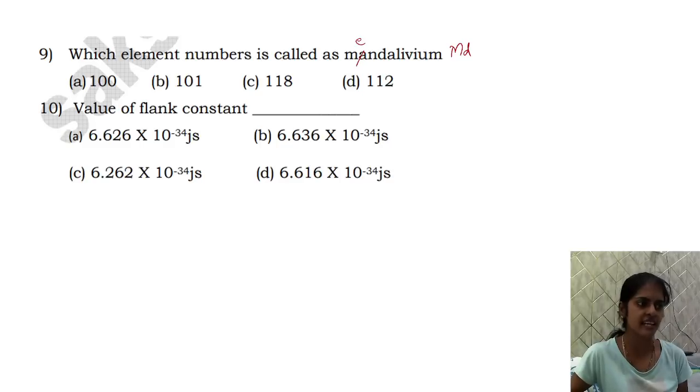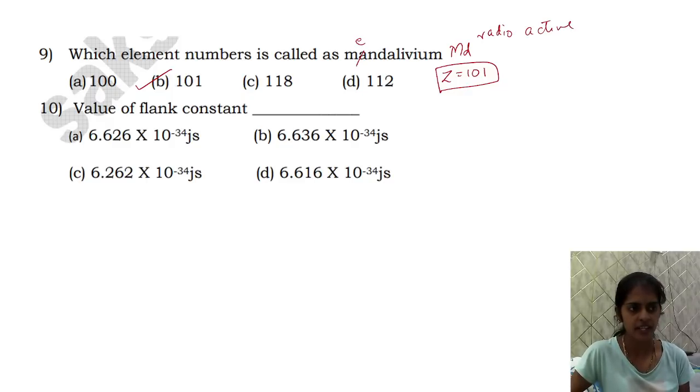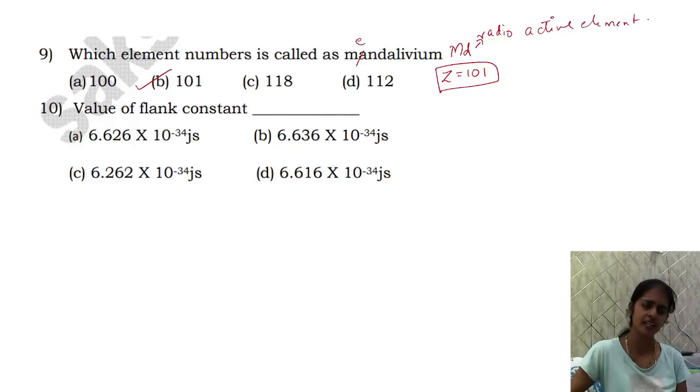What is the atomic number of that element? 101, so Z equal to 101. This element which is discovered is named mendelevium, and it is a radioactive metal. It is usually used in research purpose. Clear? Yes.